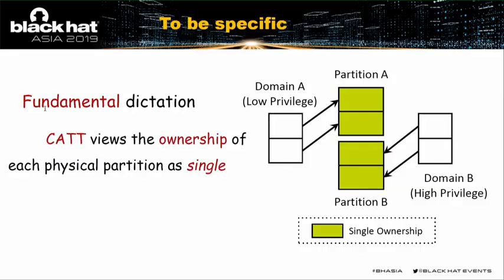As this picture shows, the domain has access only to its own partition A, and any memory request from an individual domain will be served only by its own partition.